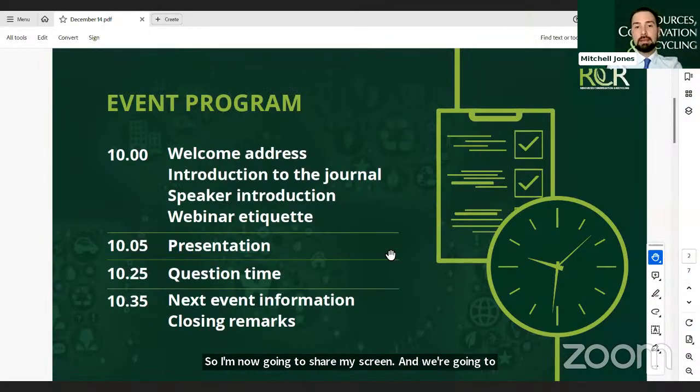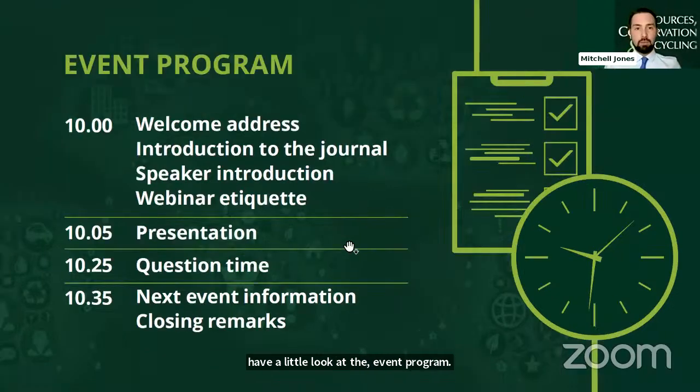So I'm now going to share my screen, and we're going to have a little look at the event program for today. We've had the welcome address. In a moment, I'm going to briefly introduce the journal. Then I'm going to introduce our speaker for today, Michael. We're very lucky to have Michael with us today.